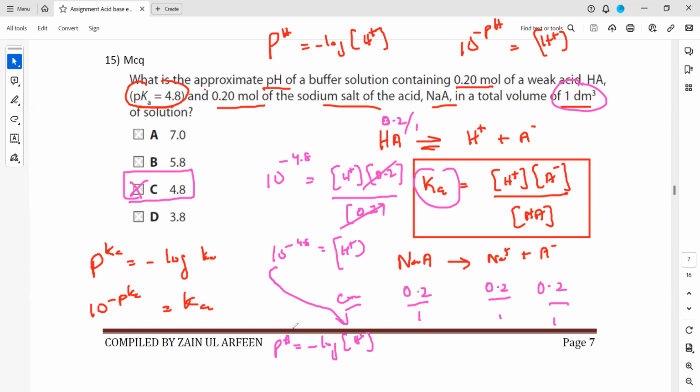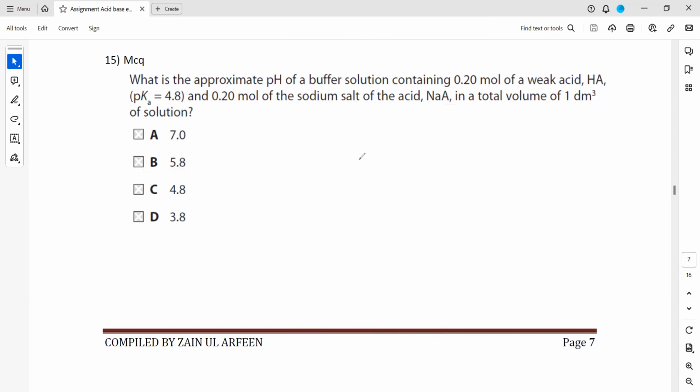There's also another way to do this question, a direct method. When we talk about the hydrogen ion, Ka is equal to the concentration of the negative ion times the concentration of the hydrogen ion, divided by the concentration of the acid. In the question, we have equal concentrations of acid and its salt.